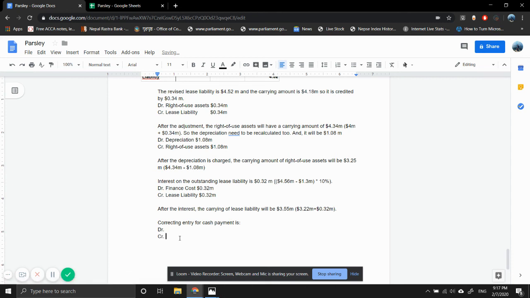First of all, credit we should do COS, cost of sales. And then normally how would we account for it? So basically our lease liability will go down, right? This will basically reduce our lease liability.